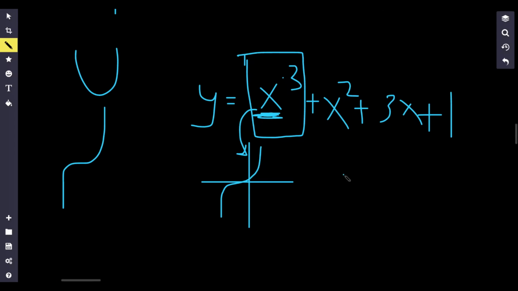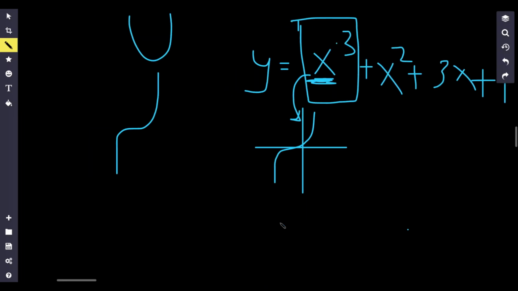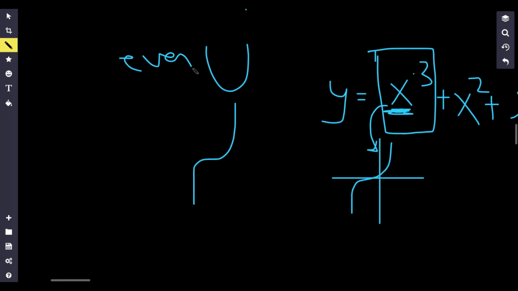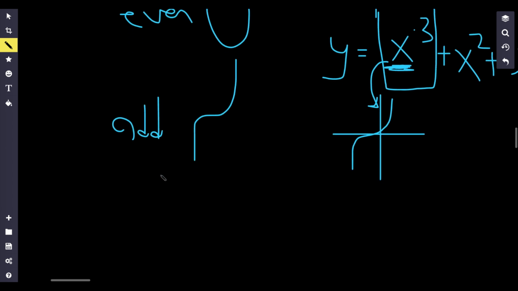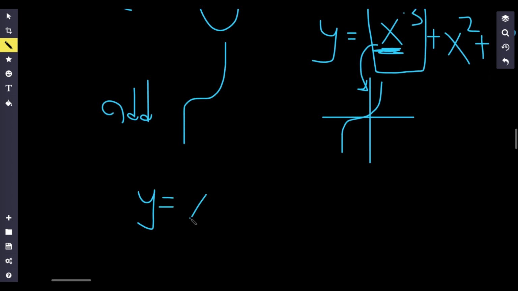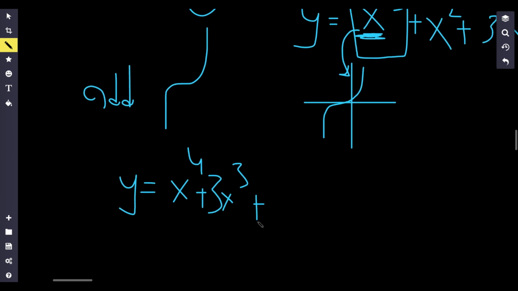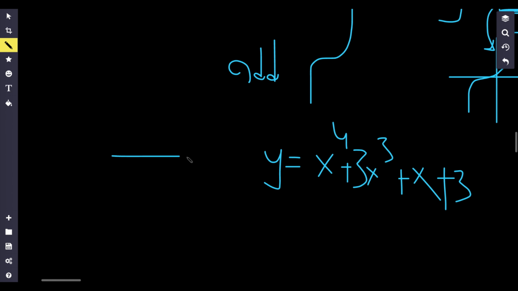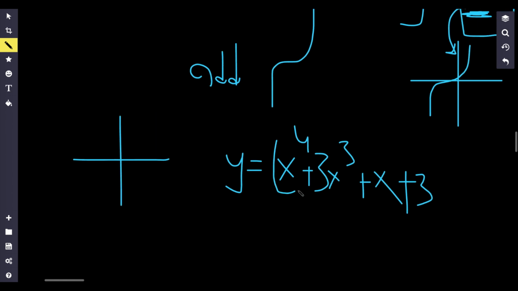I'm just going to label this real quick. If I give you something like y is equal to x to the fourth power plus 3x to the third power plus x plus 3, how is this function going to look? Well, all you have to do is focus on the biggest term, the term with the highest exponent.